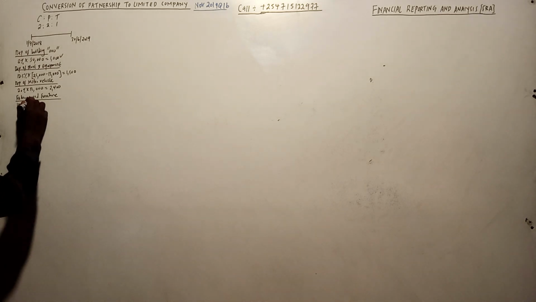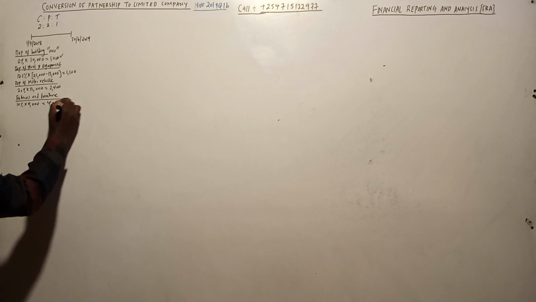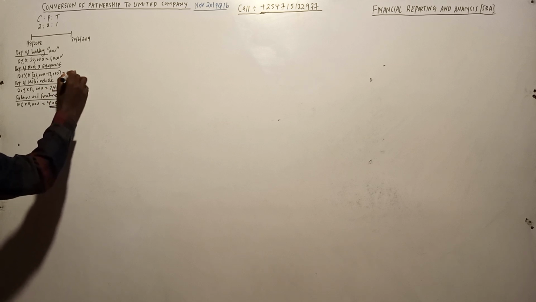Furniture and fittings, which is 4,000. That will be equal to what? 400. So those are the values of our depreciations. You can see there. Then let's go to information number one.